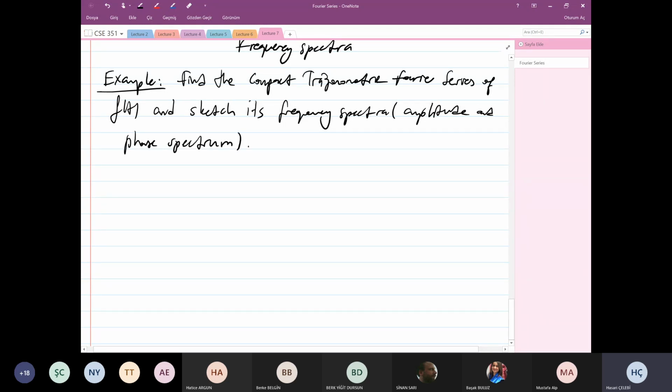Okay, let's draw the figure together. Our f of t is given like this.